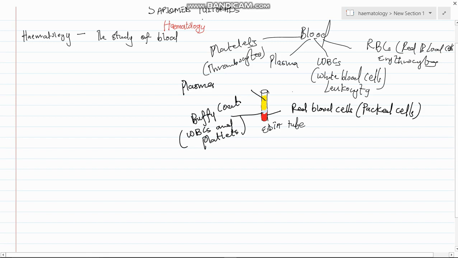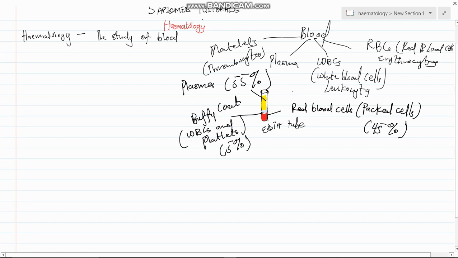So this is the constitution of the blood. We have packed cells at 45% in composition, then the plasma at approximately 55%. Then we have the remaining 5% being the Buffy coat. Alright. So that is it for the composition of blood.